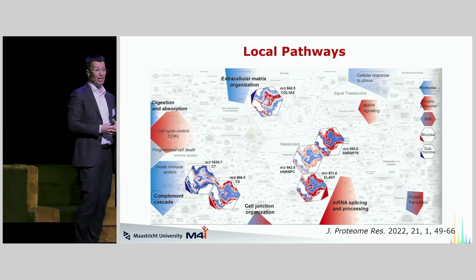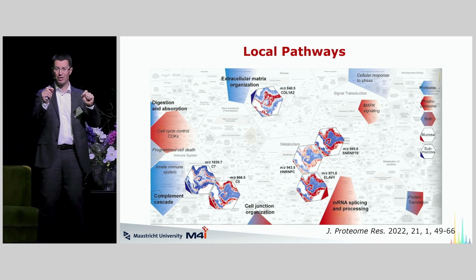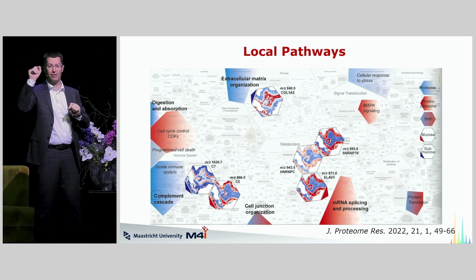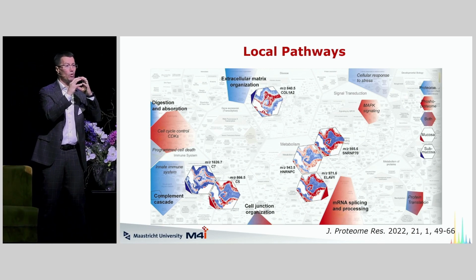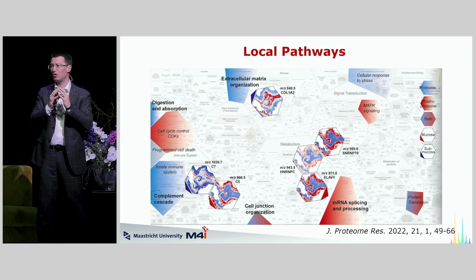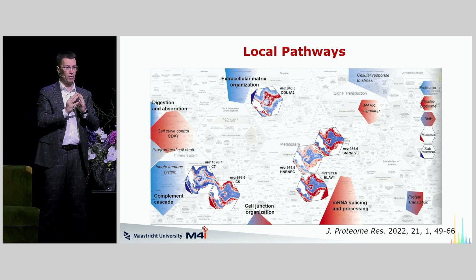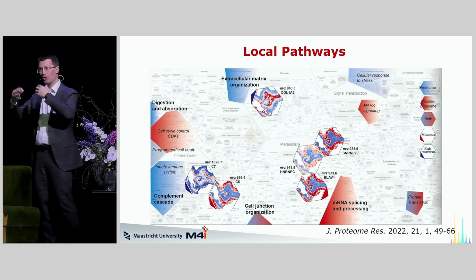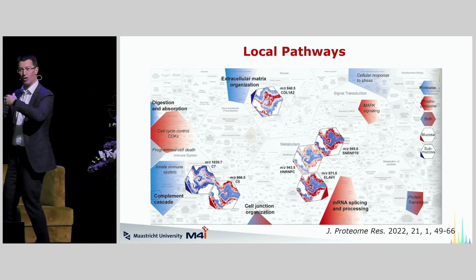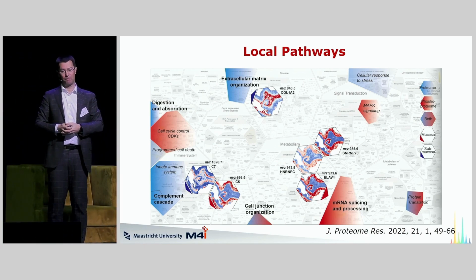We can translate that into pathways, and the beauty now is, with every pathway that we highlight, we can also show the image and the distribution of the associated proteins in that pathway. So really, now we're linking all these molecules that we are seeing untargeted with the pathways where they're active.